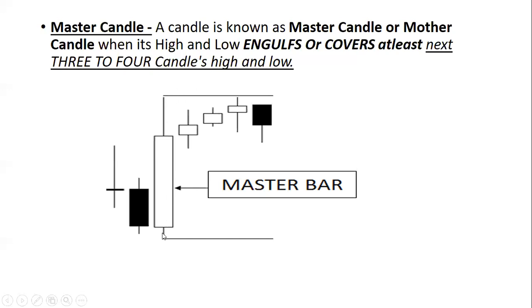In the same way, if price breaks 90 on the downside, your target will be 80. Master candle low minus master candle range is your target. Master candle low 90, range we got 10 points, so 90 minus 10, 80 will be your target on the short side.